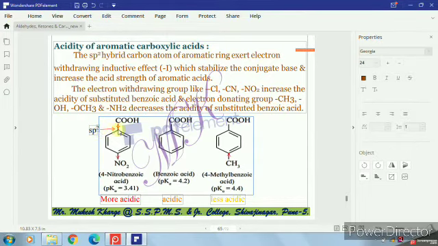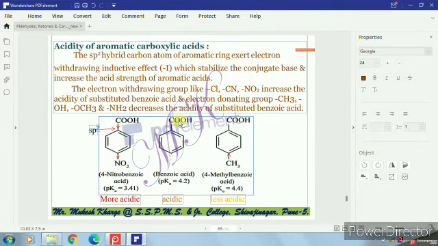All the carbons of the benzene ring are sp2 hybridized, and they exert an electron withdrawing inductive effect. This sp2 hybridized carbon shows the minus I effect, which stabilizes the conjugate base.